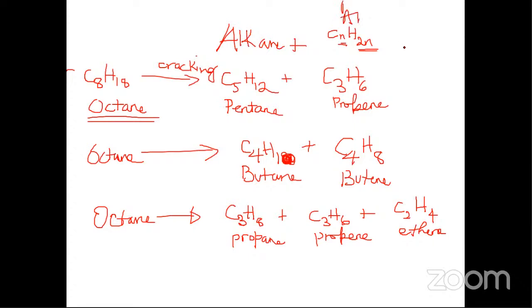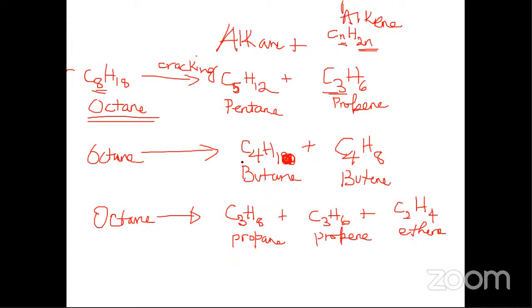So for this first example, and again, it's random, they got C5H12. So the second product must be C3H6. Why? Because if you already use 5 carbons here and it's 8 you start with, the other 3 must make the other product. You understand? Yes, miss.